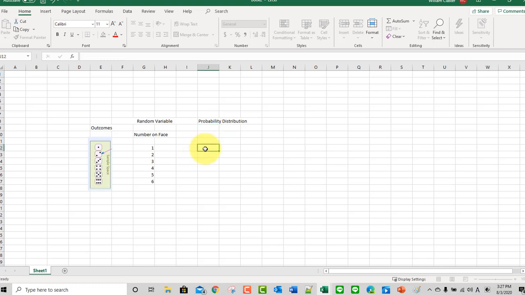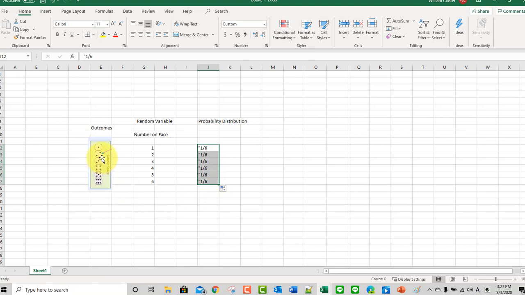So of course normally we think of this as 1/6. Okay, you know what I mean? And they're all 1/6. So these are the probabilities, 1/6.